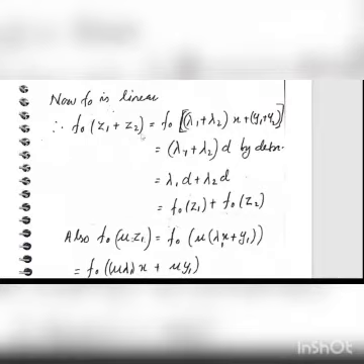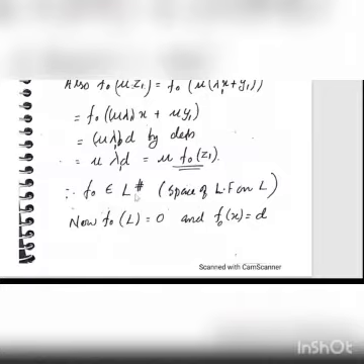I have proved in two steps: f naught of z1 plus z2 is equal to f naught of z1 plus f naught of z2, and f naught of mu z1 is equal to mu into f naught of z1. So definitely this f naught belongs to L hash. What was L hash? The space of linear functionals on L.